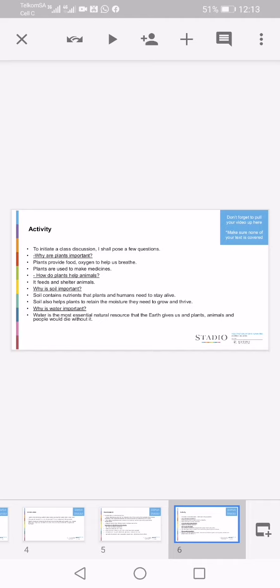How do plants help animals? It feeds and shelters animals. And why is soil important? Soil contains nutrients that plants and humans need to stay alive.